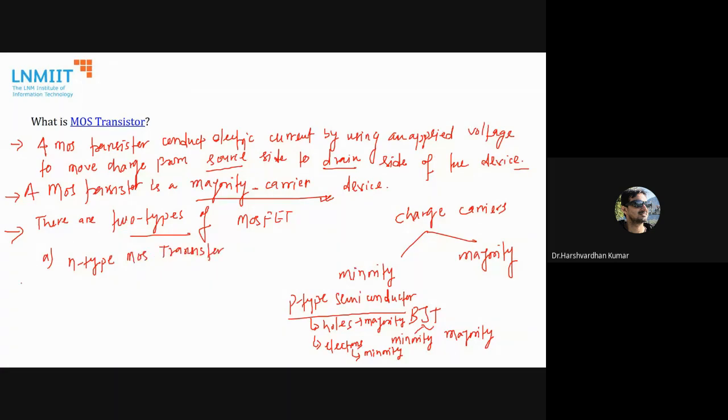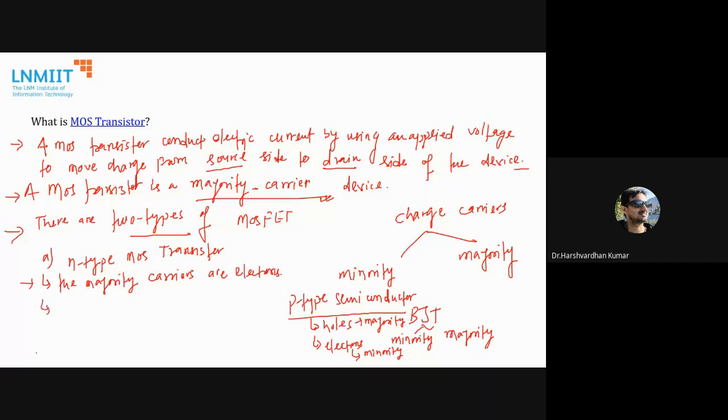So what does it mean in case of an N-type MOS transistor? The majority charge carriers will be electrons. Good. So the majority carriers are electrons here, right?